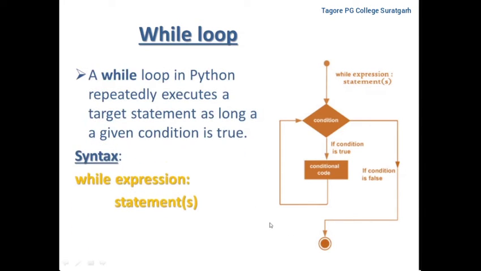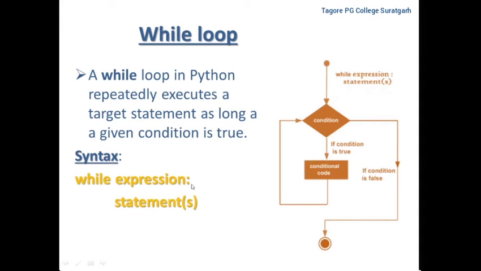A while loop in Python repeatedly executes a target statement as long as a given condition is true. Its syntax is, first we write while in small letters. We don't have to use capital letters, and then we put the expression or the condition, then we put a colon here.